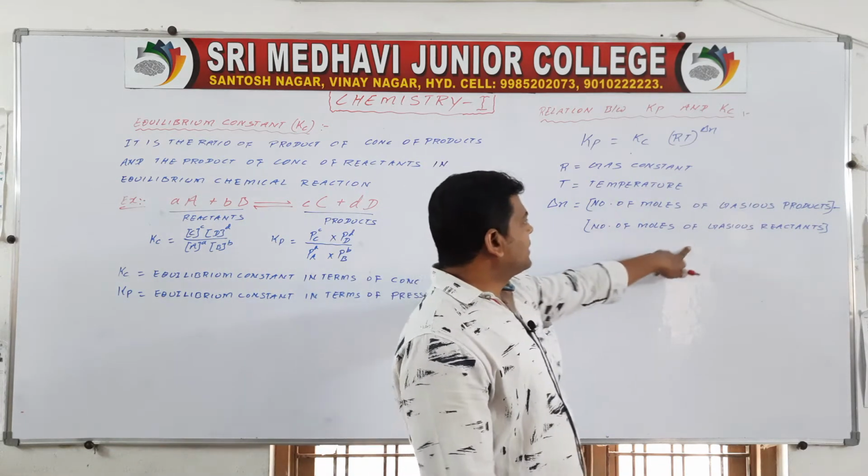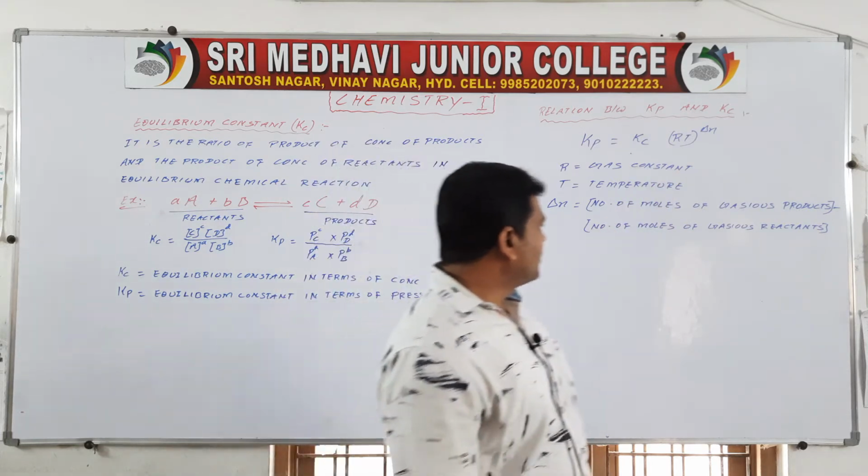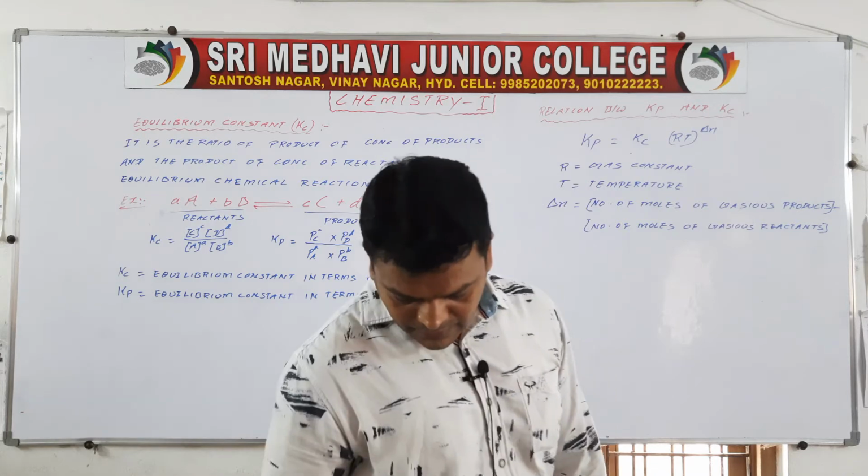So this is delta n: number of moles of gaseous products minus number of moles of gaseous reactants.